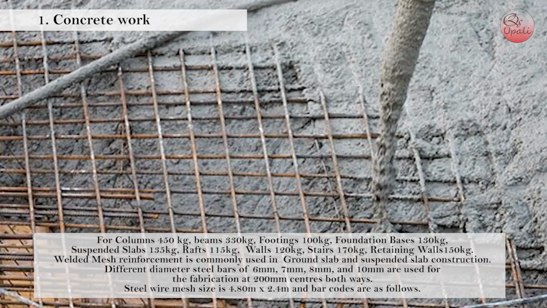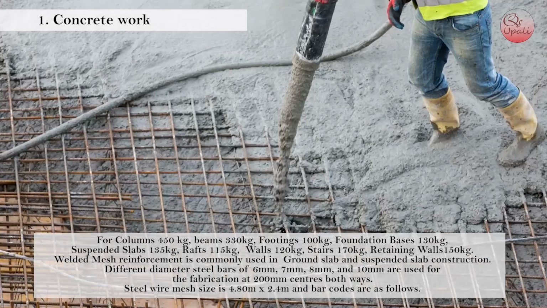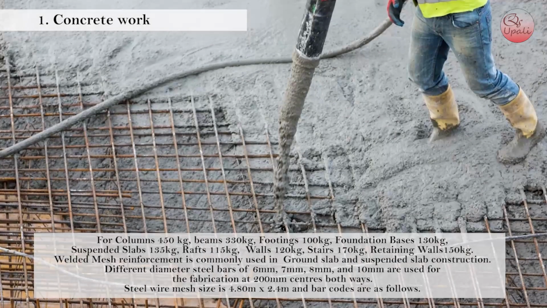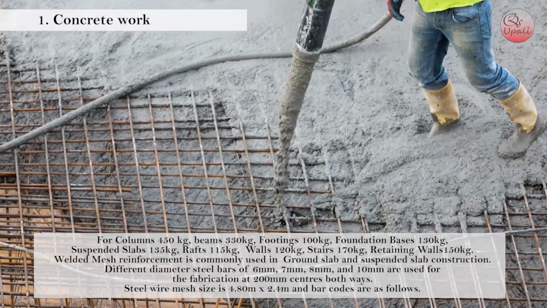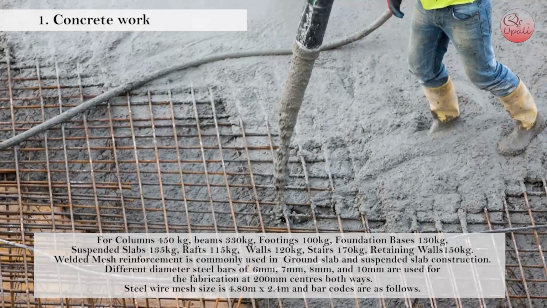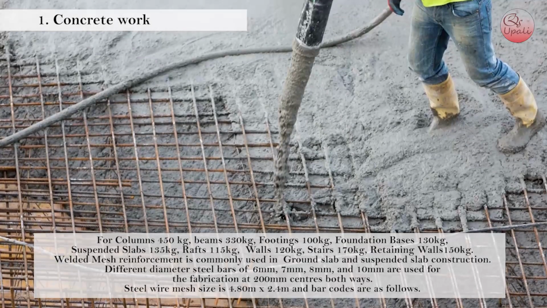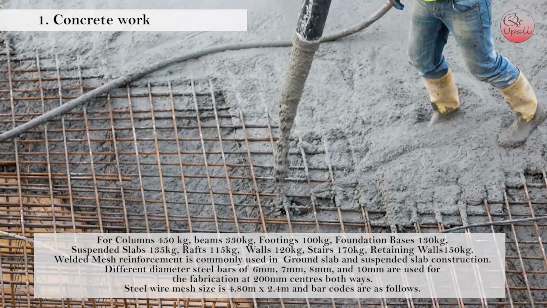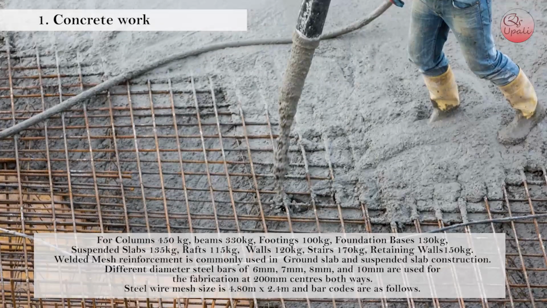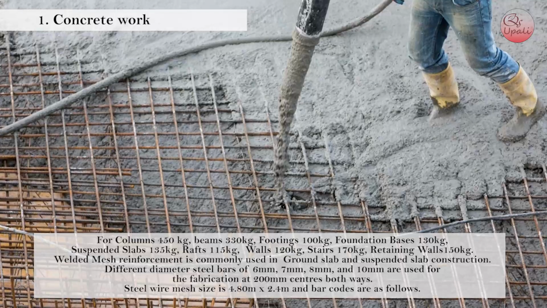Welded mesh reinforcement is commonly used in ground slab and suspended slab construction. Different diameter steel bars of 6 mm, 7 mm, 8 mm and 10 mm are used for fabrication at 200 mm centers both ways.